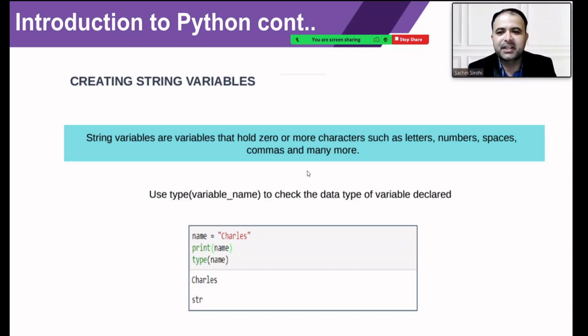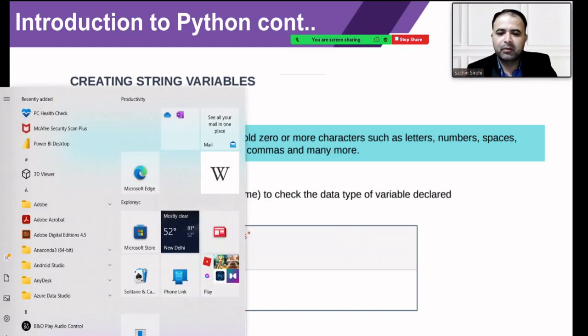What is a string? String variables are variables that hold zero or more characters, such as letters, numbers, spaces, commas, and many more. So it is a combination of these. And the type function checks the data type of the declared variable. So it is just a variable, and the type, like Charles.